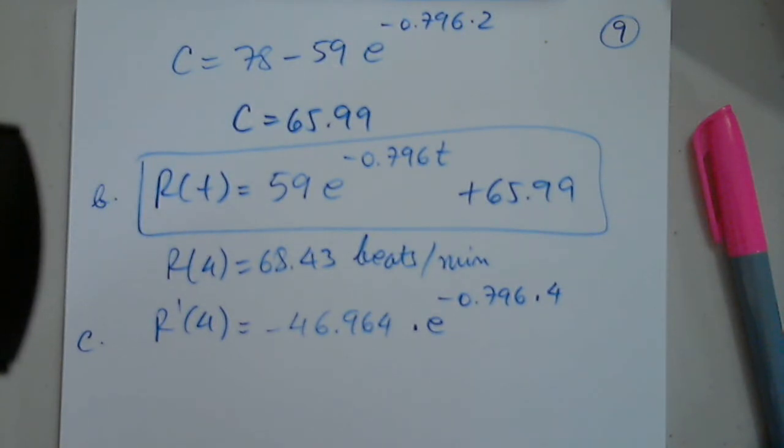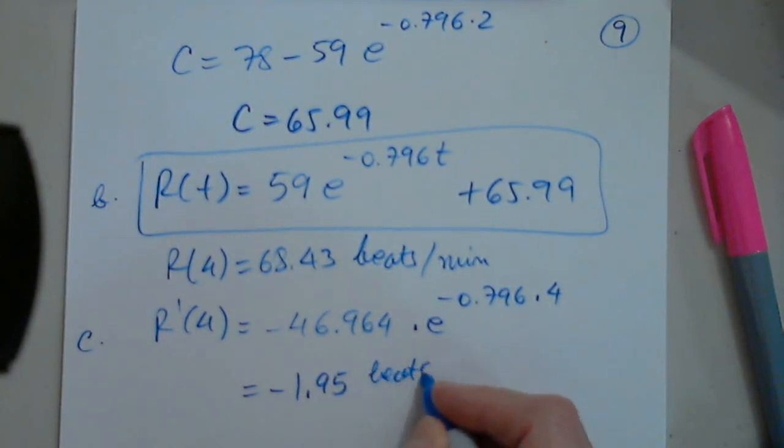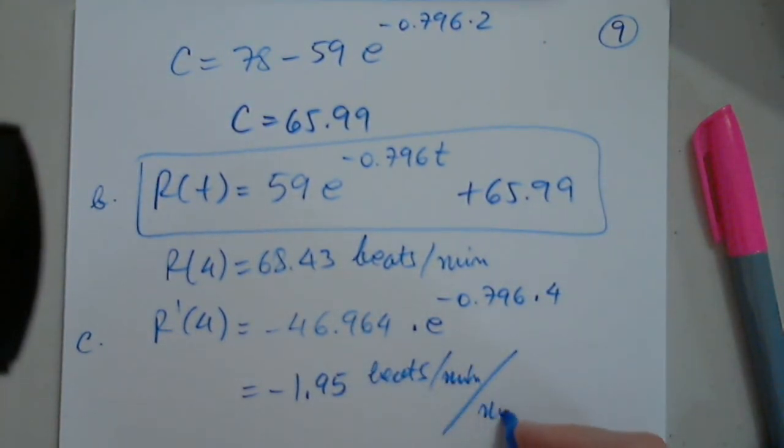Negative 46.964 times e to negative 0.796 times 4. So it was changing at negative 1.95 beats per minute per minute.